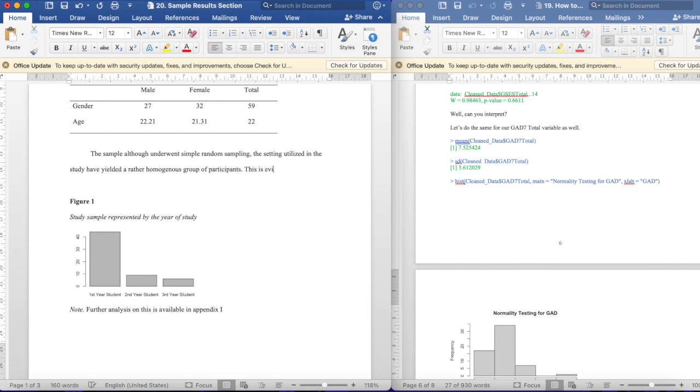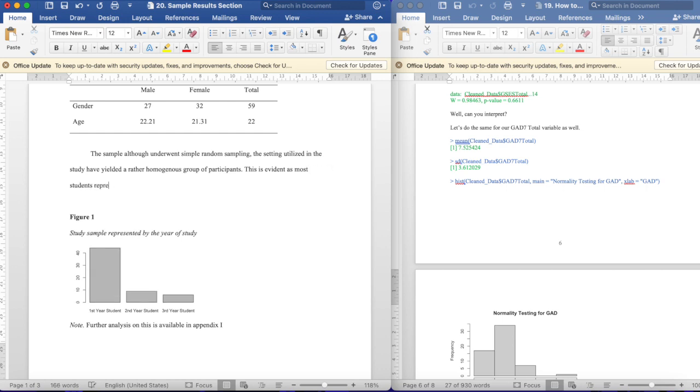This is evident as most students represent the first year of study, while less than 15 students are from, let's say, the second and third year of study.